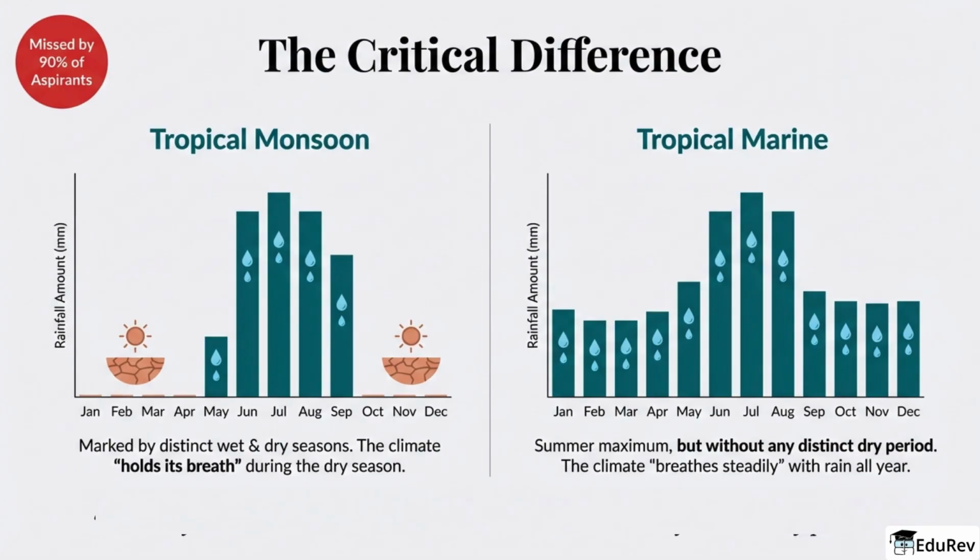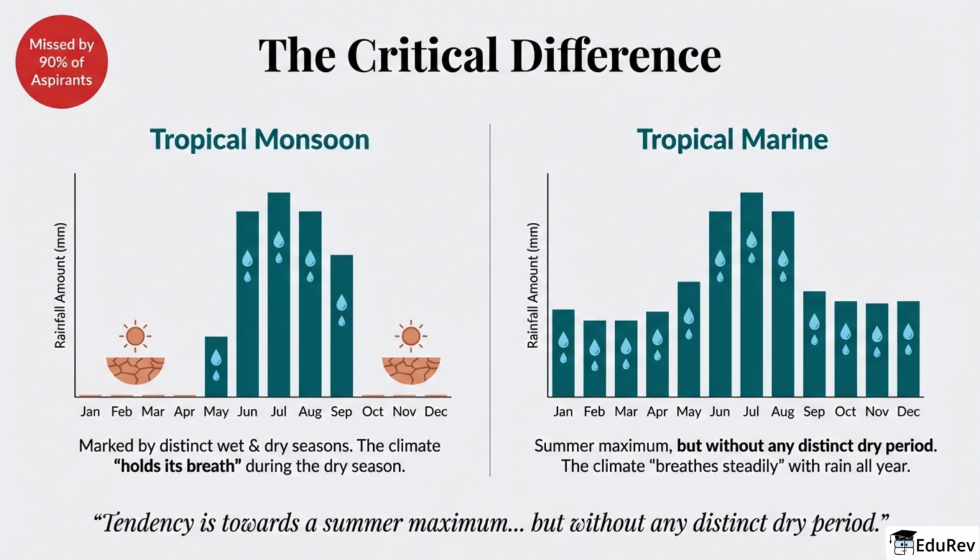Both may show more rain in summer, but only one of them stays moist through the year. So when you see rainfall throughout the year with a summer peak, do not rush to call it monsoon. That is weak preparation. The examiner is looking for this exact distinction. Summer maximum does not automatically mean monsoon.